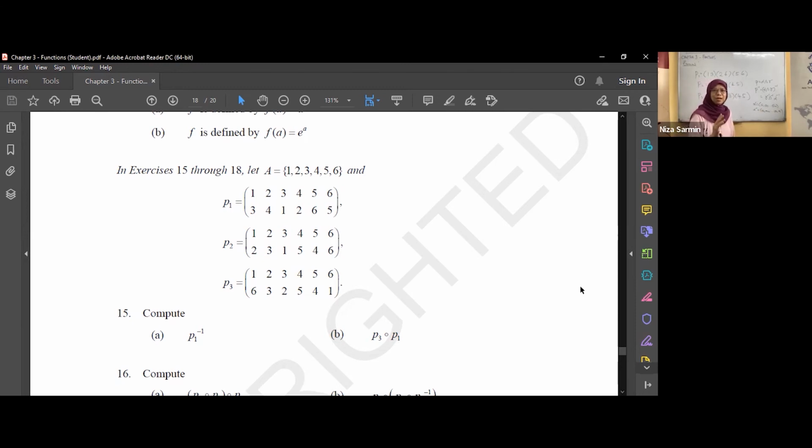So now, Alia, can you write the P1 inverse? This is all actually the disjoint cycle, yeah? It's disjoint cycle, and disjoint cycle commute. Meaning alpha beta and beta alpha doesn't matter.